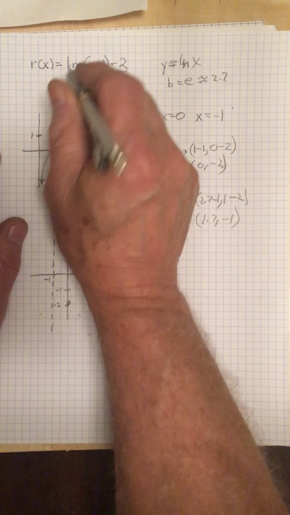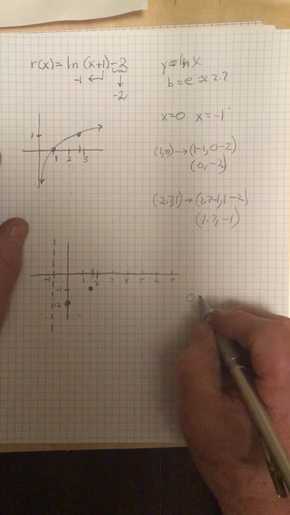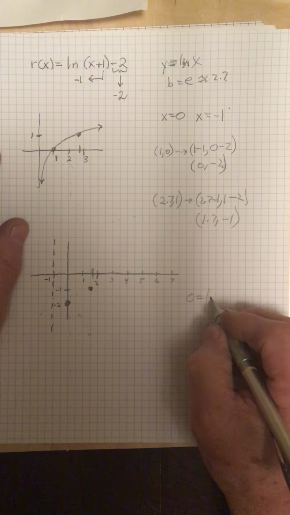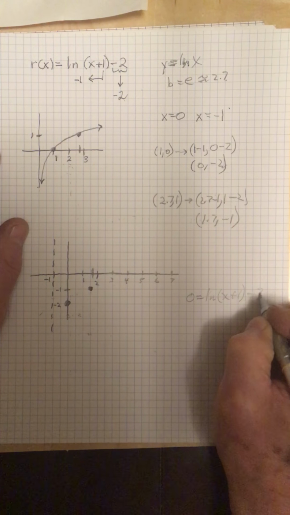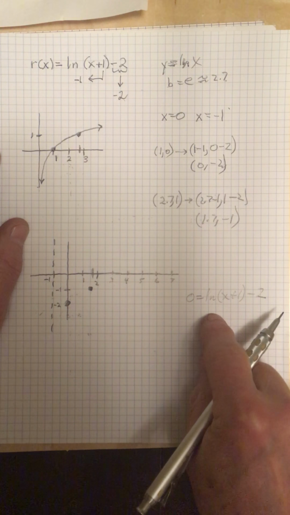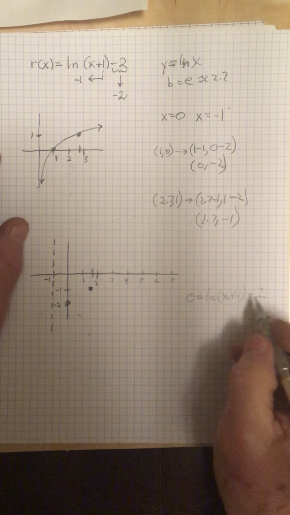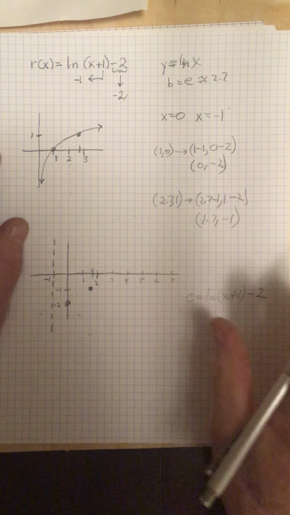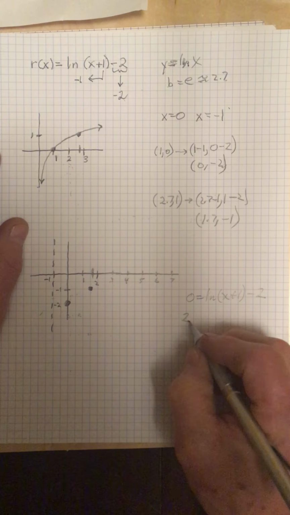So put 0 into this original and see what we get. So y = 0 equals ln(x + 1) - 2. So what we're doing here is calculating an x-intercept for this function. All right, I need to get ln by itself before I can convert. So I'm going to add 2 to both sides.